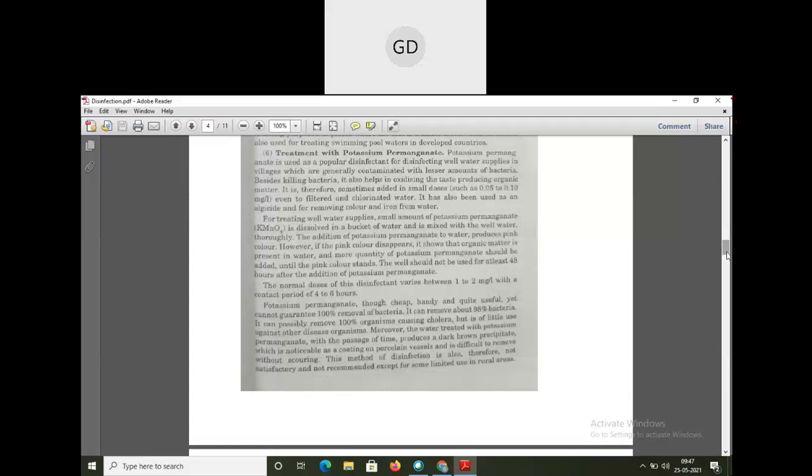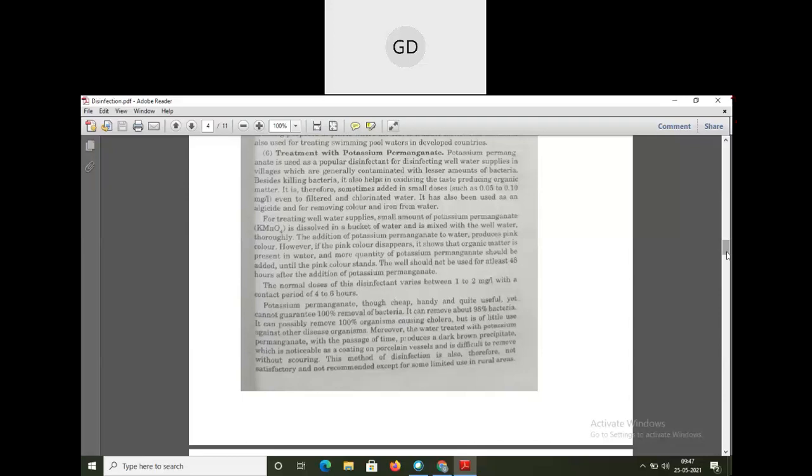Besides killing the bacteria, it also helps in oxidizing taste-producing organic matter. It is added in very small doses, 0.05 milligram per liter to 0.10 milligram per liter.